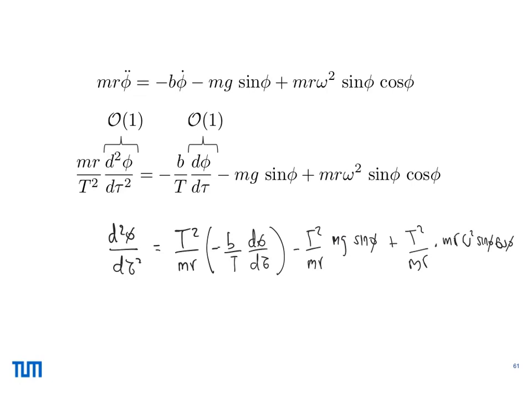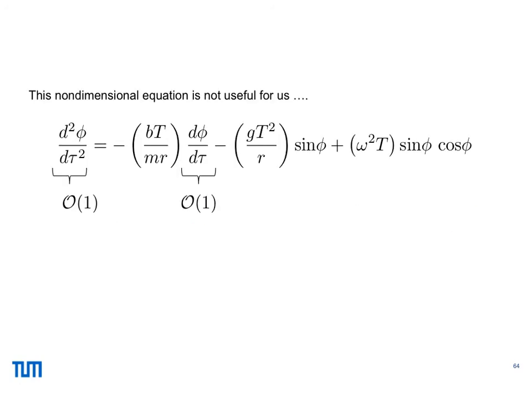So this equation is already non-dimensional. You can do some simplifications: the T goes away, this r with this r, and so on. You can reorganize the equation, and then we obtain something like this.